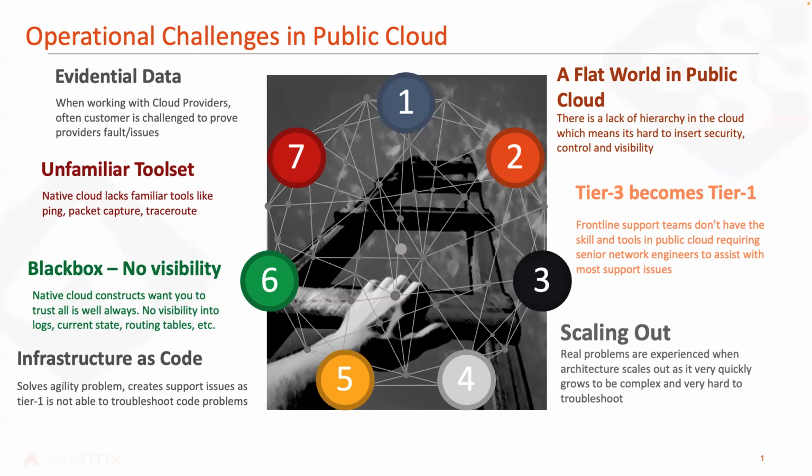So infrastructure as code is a reality. It's not really an operational challenge, but it's a reality in the public cloud, and it's one of the main drivers why customers adopt public clouds. Reality is infrastructure as code solves the speed of deployment, solves the agility problem. However, most people, whenever you talk about DevOps, they're interested in the dev part, but nobody's interested in the ops part, right?